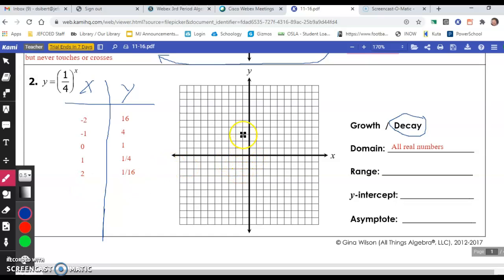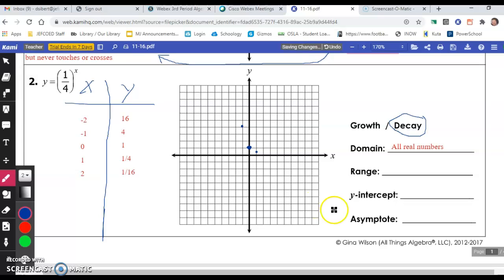So -1, 1, 2, 3, 4. Plot my point. Need to increase that just a little bit. Good. All right, then we're going to go 0, 1. Good. Then we have 1, 1/4. So we're going to go to 1 and 1/4.